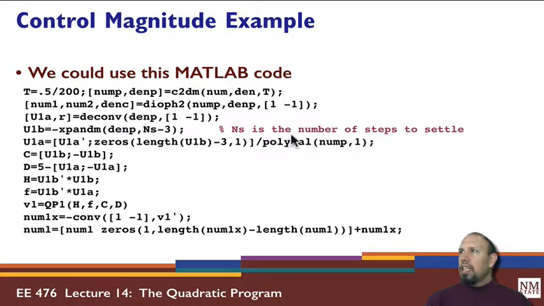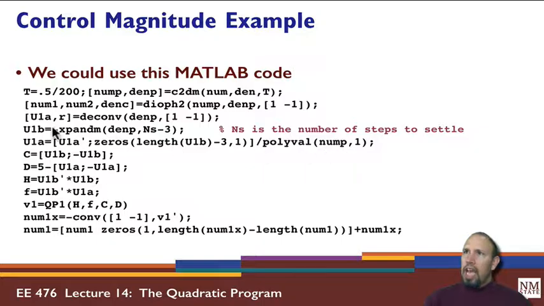NS is the number of steps to settle, which in this case is 200, minus 3. So U1A then becomes this quantity padded with zeros, so that it has the same number of rows as this matrix. And then we divide by the numerator of the plant evaluated at 1. So this is U1A.